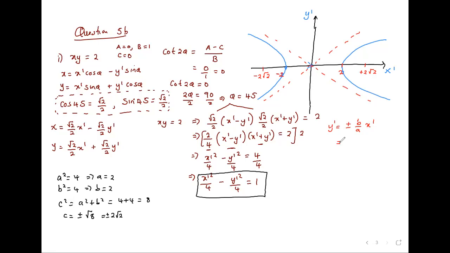B is 2 and a is 2. So this is just plus or minus 2 over 2 x prime, which is plus or minus x prime as our y prime. So these are the equations. So when you come here, this is y prime is equal to x prime. Then here, this is y prime is equal to negative x prime. So these are our equations for the asymptotes.